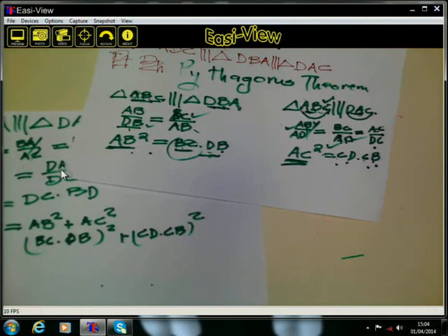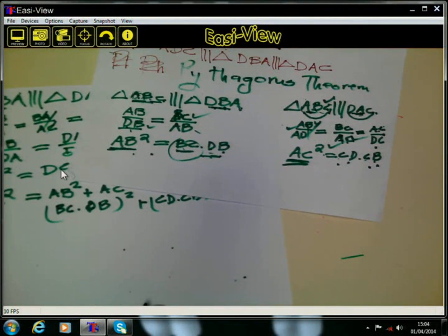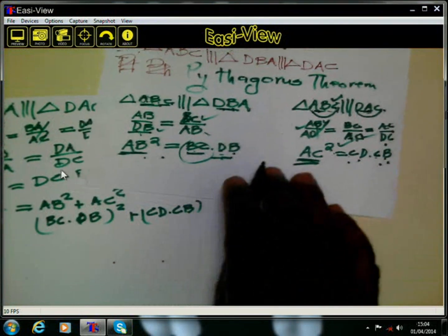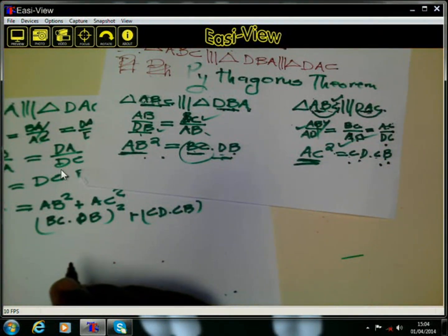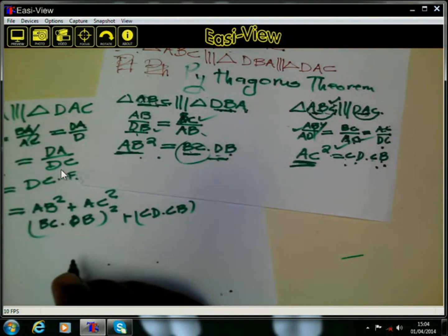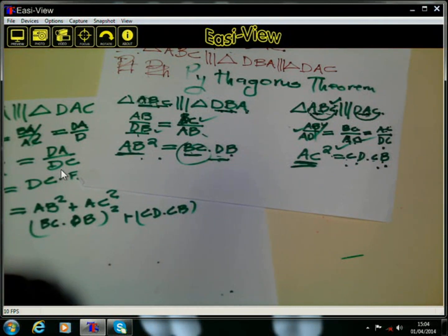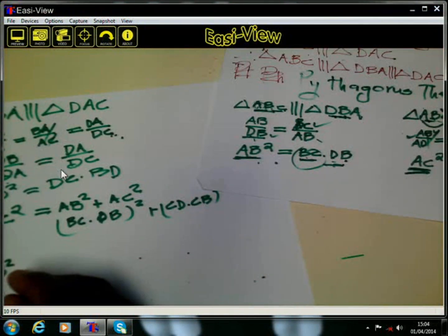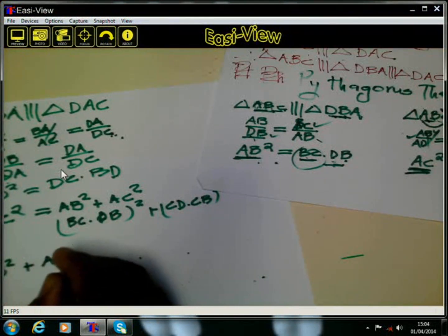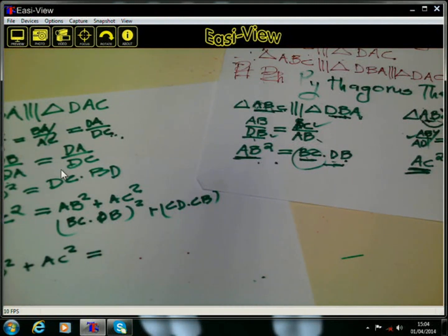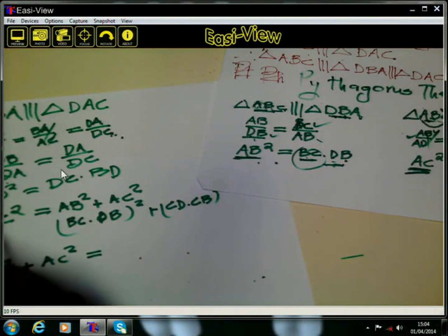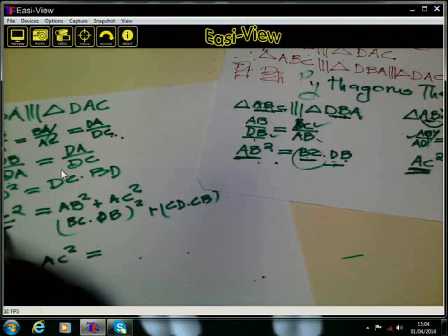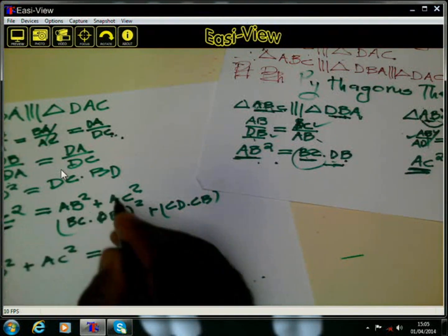Now, I want us to come here and say it means we can have the following. We can have AB squared plus AC squared being equals to what? Remember, we want BC squared. We are saying BC squared is equals to AB squared plus AC squared.